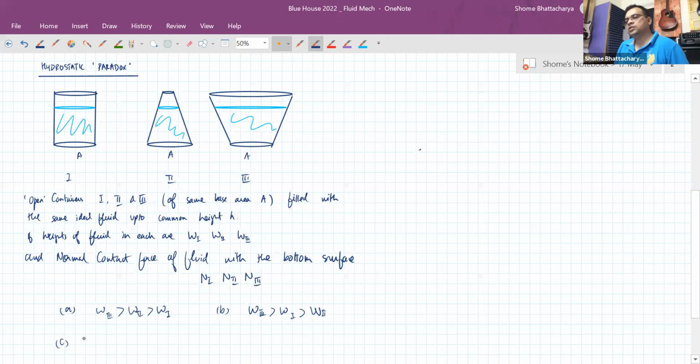Option C is N3 is greater than N1 is greater than N2. And option D is N3 is equal to N1 is equal to N2. This is a more than one correct option question. So which are the correct options? Just think about the question carefully once and send me the answers.